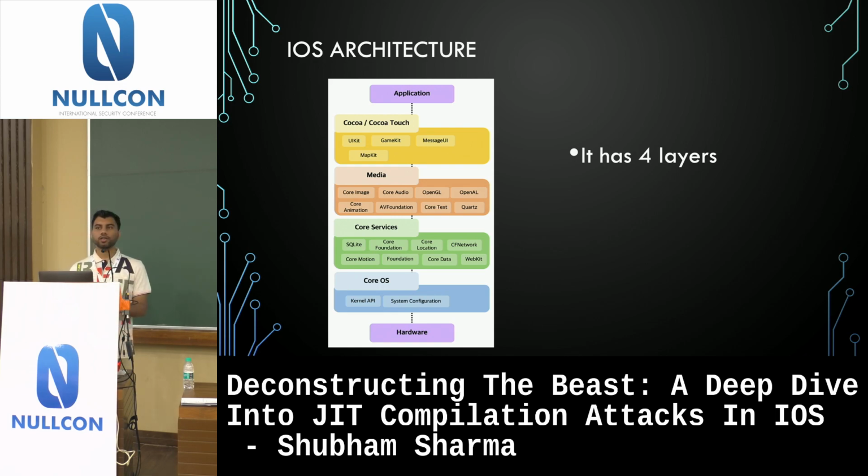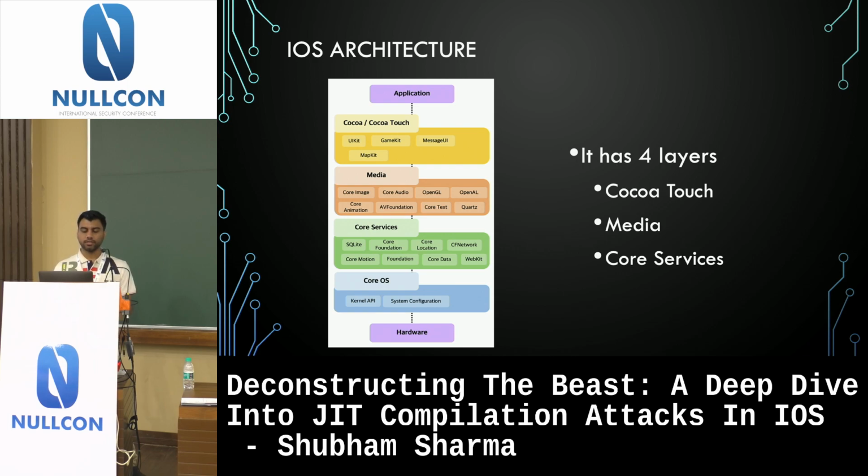So let's start with the iOS architecture, and in iOS we have 4 different layers. First one is the Cocoa Touch layer, after that is the media layer, third is core services, and at the very bottom is the core OS layer.